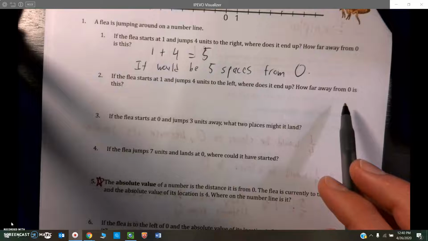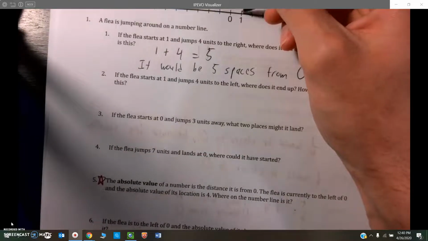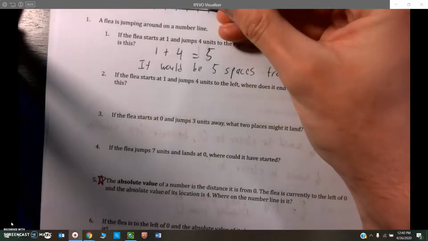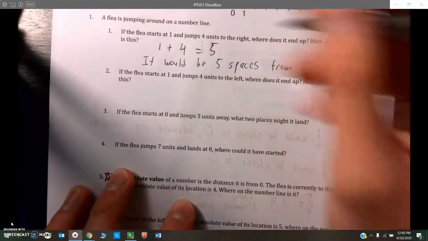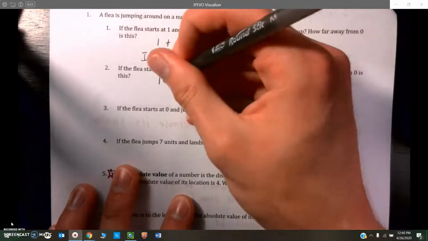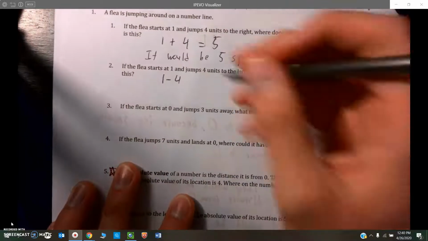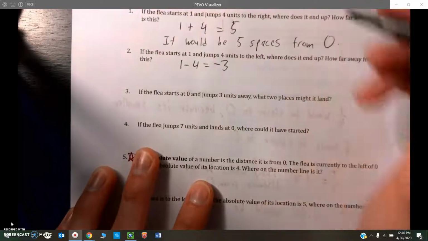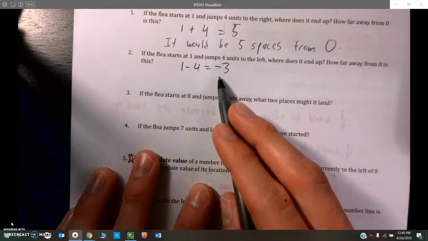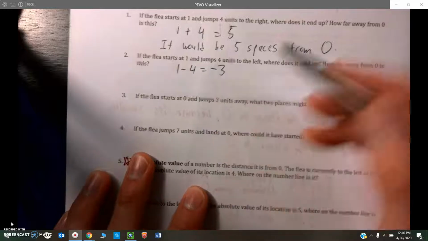How far away from 0 is this? So it's at 1, and it goes 1, 2, 3, 4. And that is -1, -2, -3. So 1 minus 4 equals -3. And so that's where it would end up. And how far away from 0 is this?